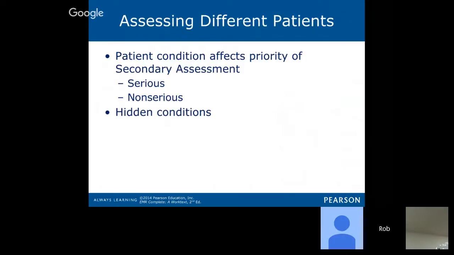Indications a serious hidden condition exists include, but are not limited to, the following: a significant mechanism of injury, altered mental status, pale, cool, sweaty skin, chest pain or discomfort, difficulty breathing, severe pain anywhere, elevated pulse, and respiratory rates. We already talked about these in the last chapter, right? So we're just rehashing.